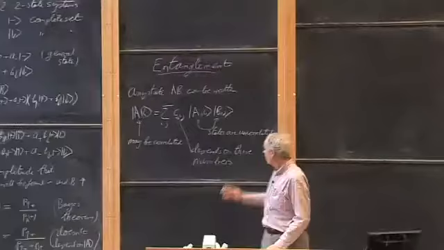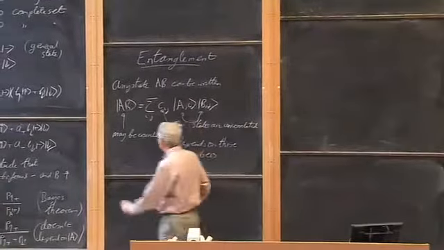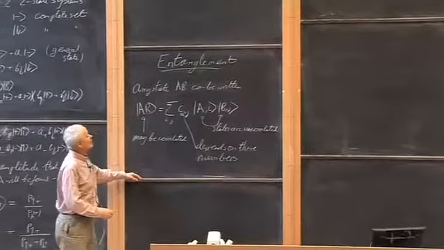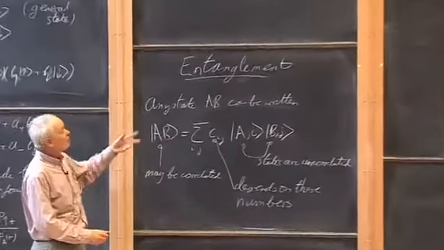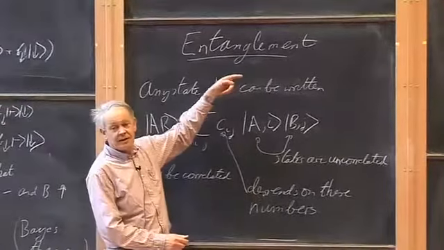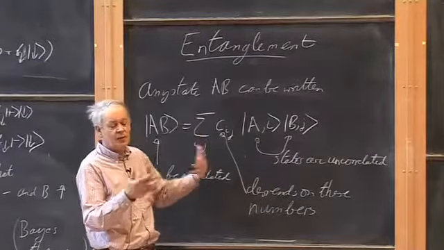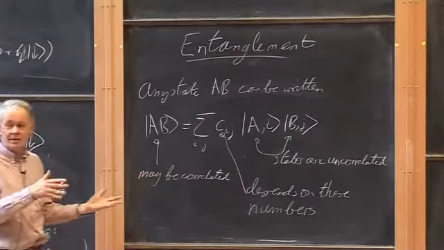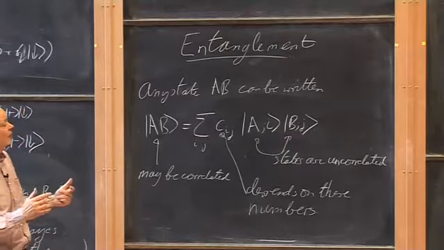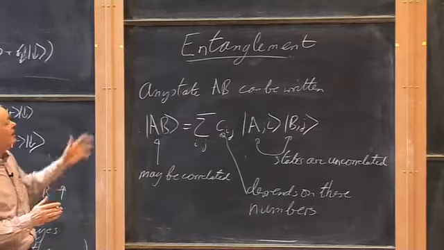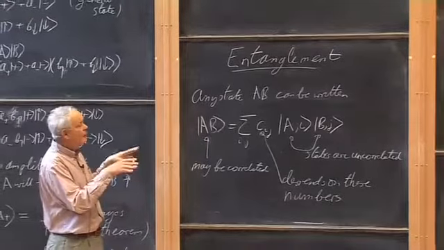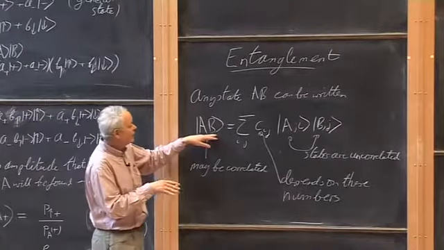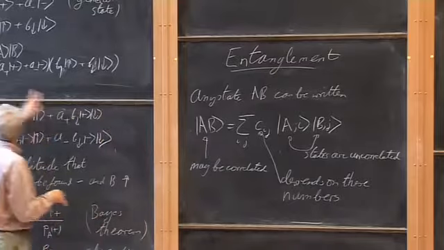So correlations go in like that. And in quantum mechanics, when you say that two systems are correlated, you usually use the word entangled. Entangled is just quantum mechanical jargon for correlated. What it means is that if a compound system or two subsystems are entangled, the state of the compound system cannot be written in that form.